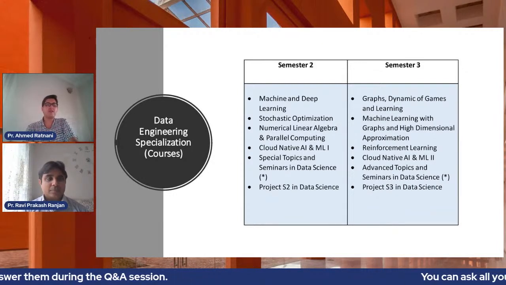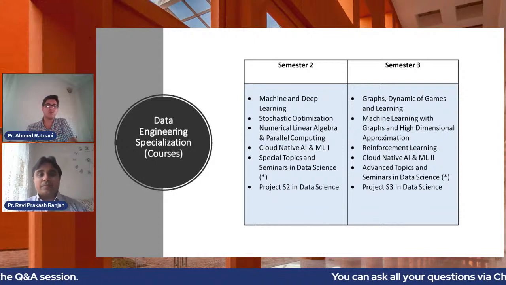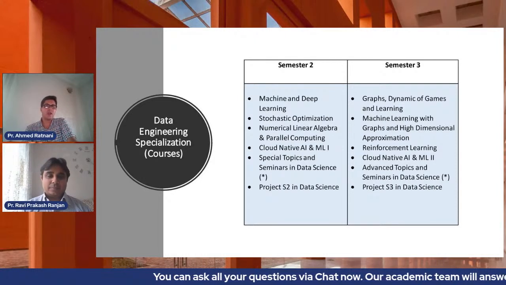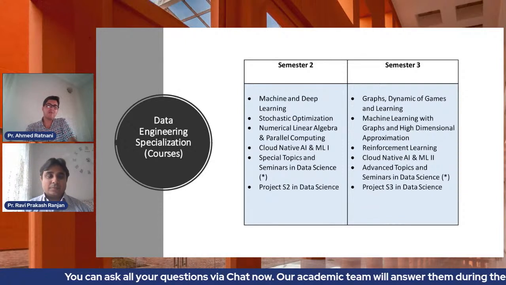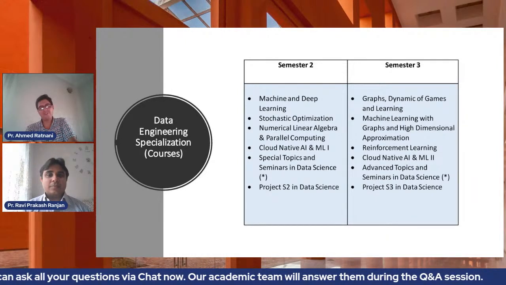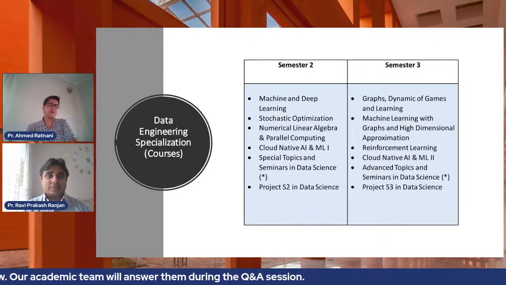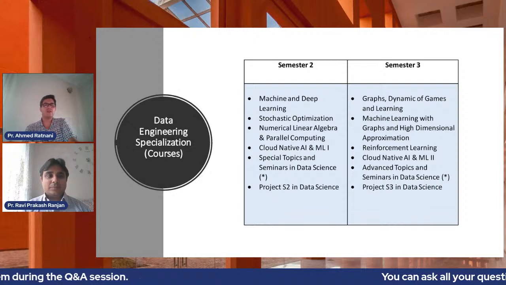So the cloud native AI and ML: there are two courses on cloud native AI and ML, and these courses are really what defines a data engineer. All the components that are needed in the market related to data engineers will be here.